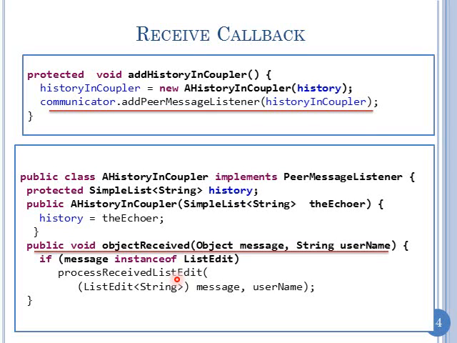So that's the header of the message. Okay, now I'm checking message instanceof list edit. This might seem silly, right? I'm expecting a message from the sender. The sender sent a list edit, so why do I have to go and do this extra check? For fault tolerance, so that our program won't bomb if unexpected things happen and we don't receive a list edit.